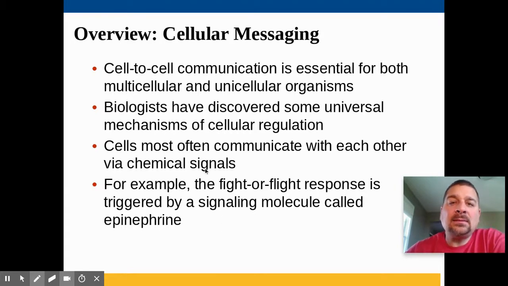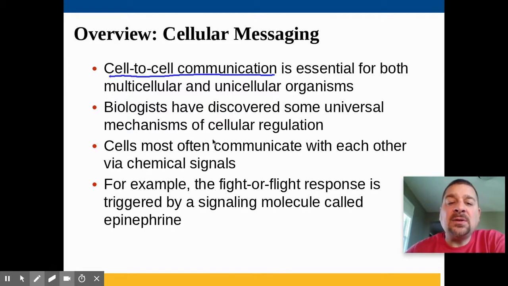In the animal world and plant world, cellular world, I should say, cell-to-cell communication is essential. Cells need to be able to talk to cells. Tissues in one part of an organism need to be able to talk to cells in another part of the organism. Or if you're unicellular, a prokaryote, they have to have a way of communicating with each other, sending messages.